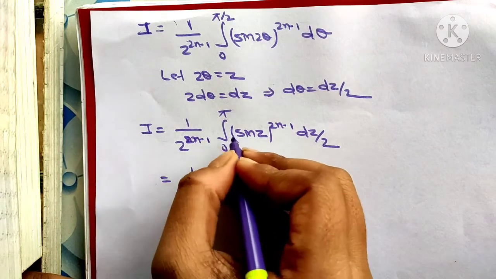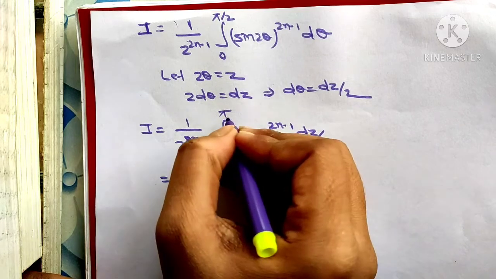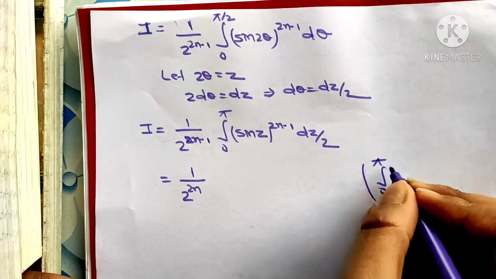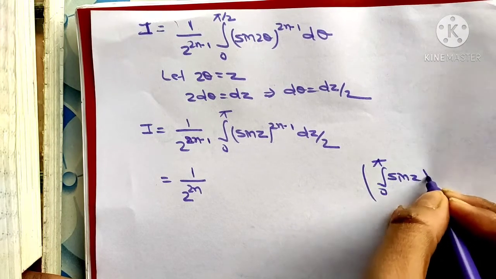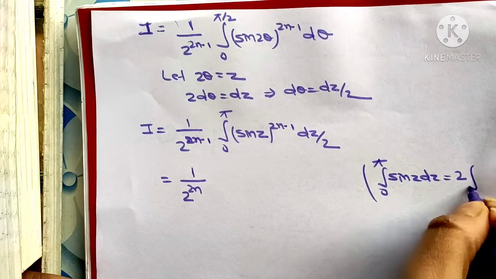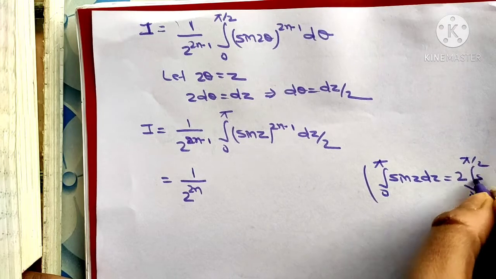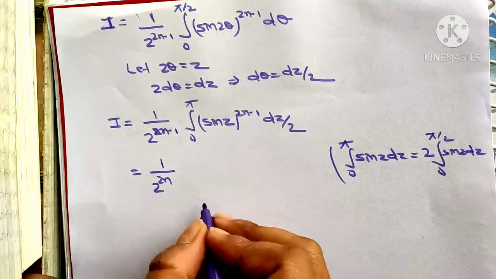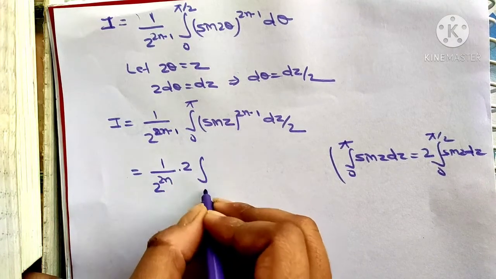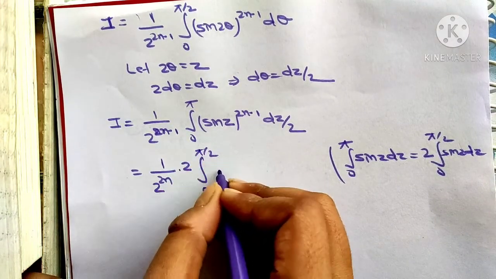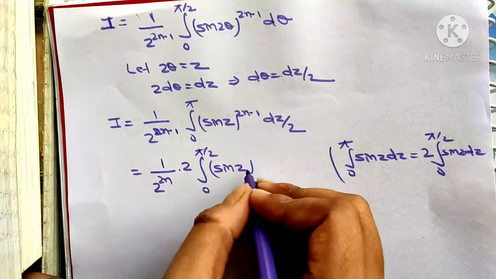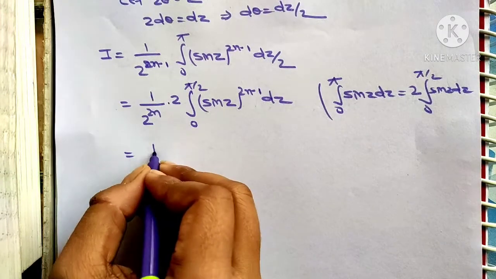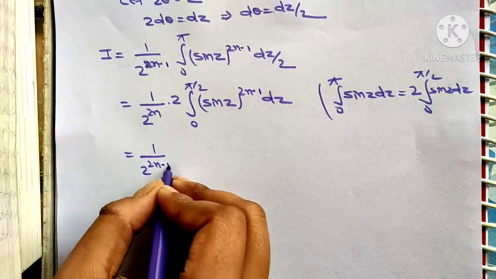By using the property of integration, we write the integral from 0 to pi of sin z dz as 2 times the integral from 0 to pi by 2 of sin z dz. You know this property we are using here. The integral from 0 to pi by 2 of sin^(2n-1) z dz, so it will become 2^(n-1) again.